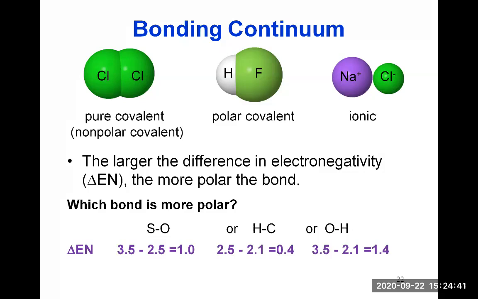So by calculating those electronegativity differences, now we can classify the bonds from less polar to more polar. The least polar is the H-C bond, then S-O, and then the O-H bond. So you classify them as more or less polar using the electronegativity difference value.